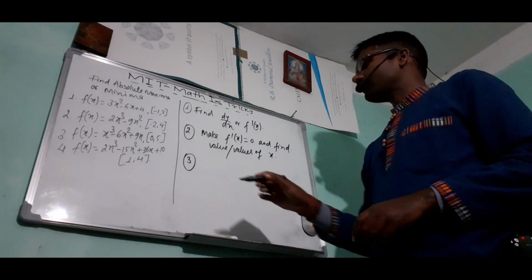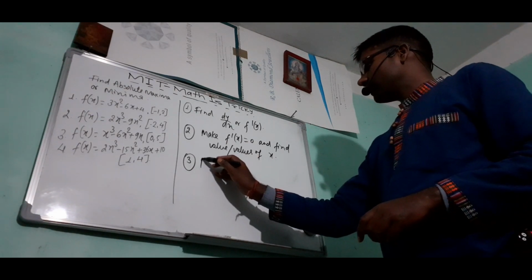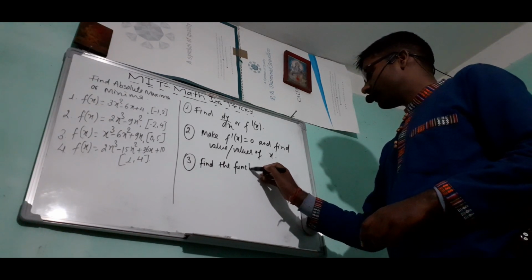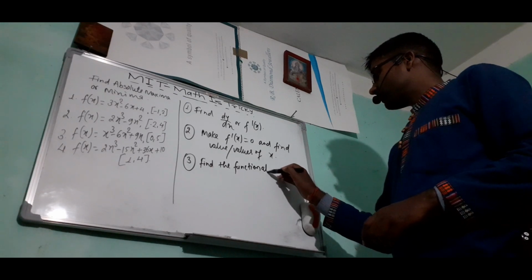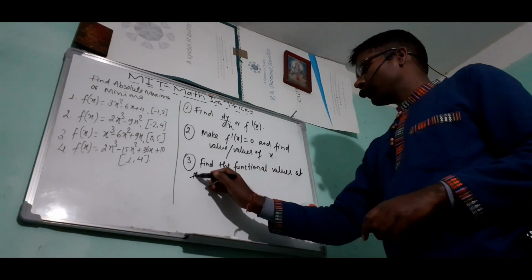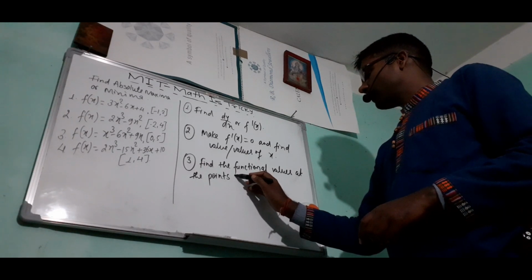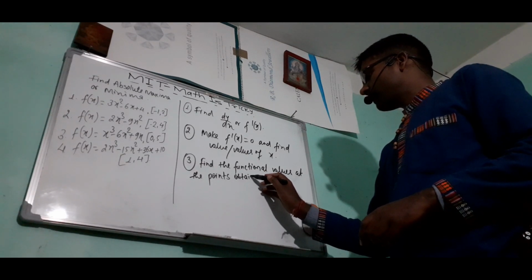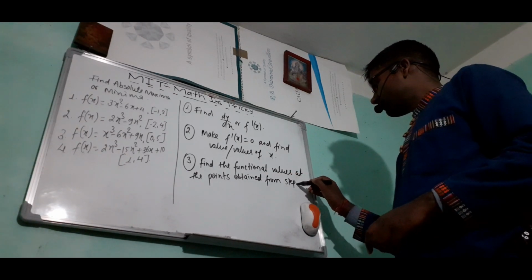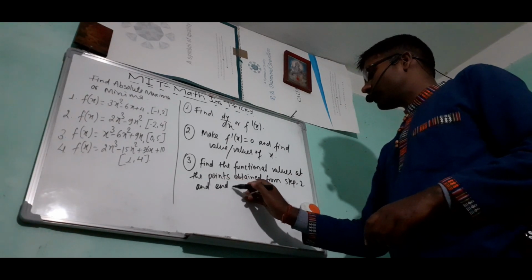Step 3, after getting the value of x, find the functional values at the points obtained from step 2 and at the endpoints of the given interval.